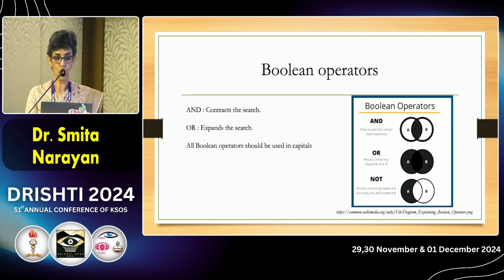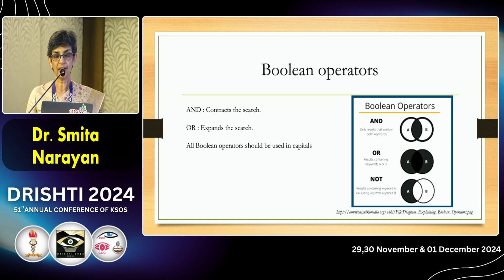Once we have got these things ready, then we can go into PubMed and use the Boolean operators to join our keywords. Now these Boolean operators are AND, OR, and NOT. In biomedical literature, we use AND and OR.